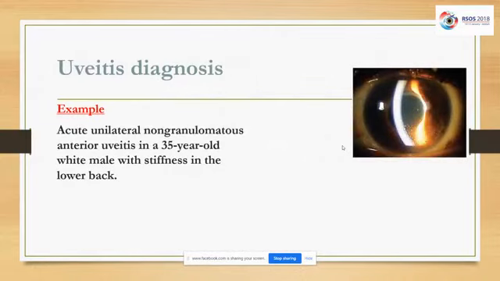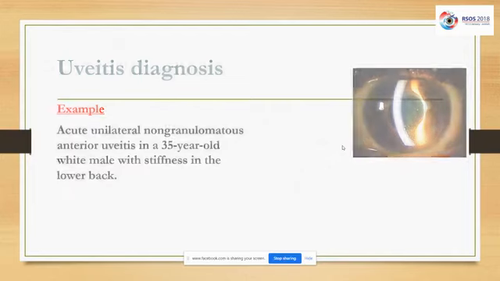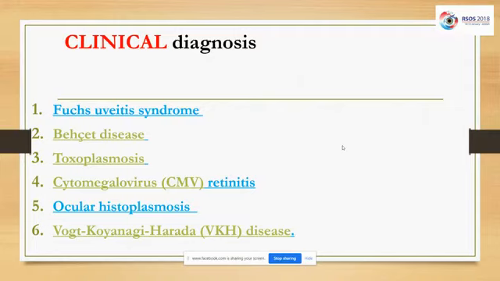So, for example, if you have a patient with acute unilateral non-granulomatous anterior uveitis in a 35-year-old white male with stiffness in the lower back, it can be easily supposed that this patient may have HLA-B27. So in your diagnosis, first you need to exclude the clinical uveitic diagnosis.